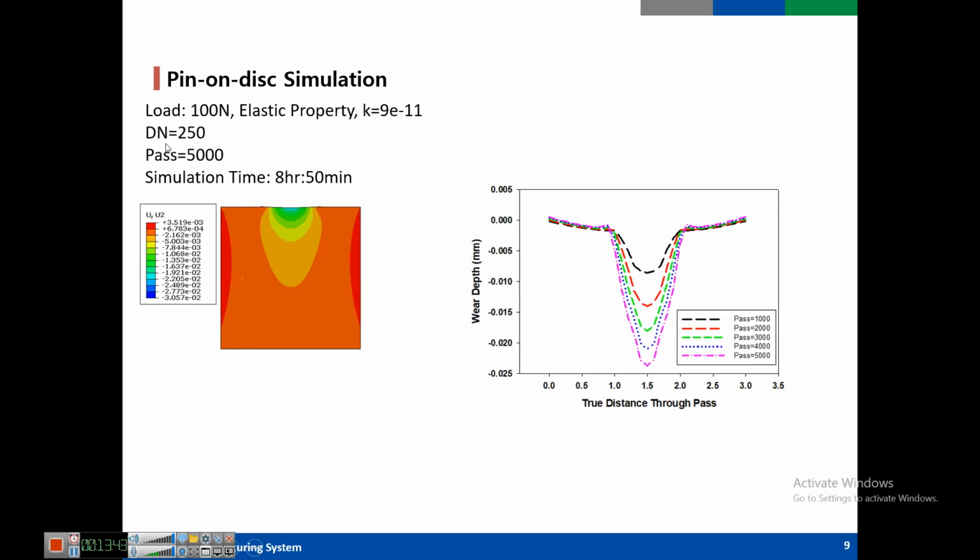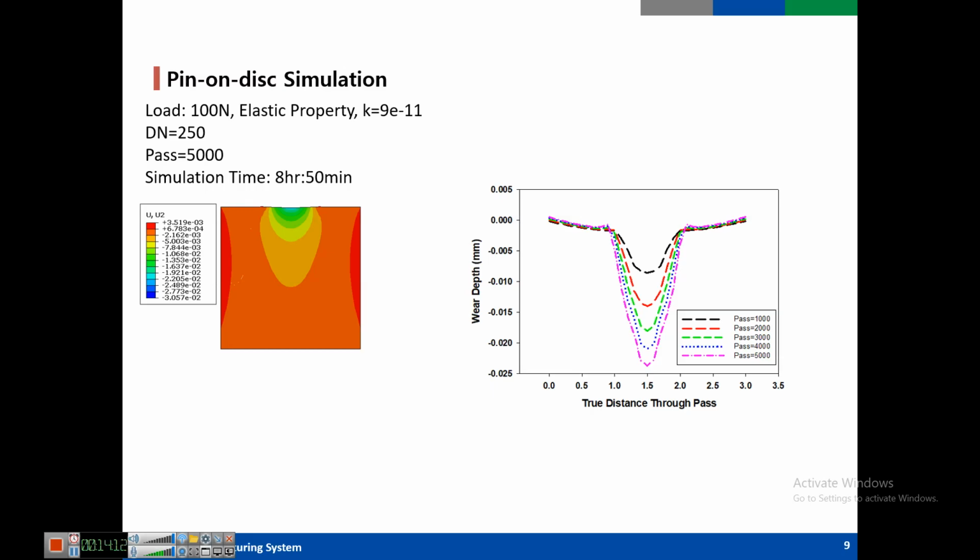And also for 250 the simulation time is 8 hours, closely to 9 hours. So you can see defining jump cycle is so important in wear simulation, and it decreases sharply your simulation time.